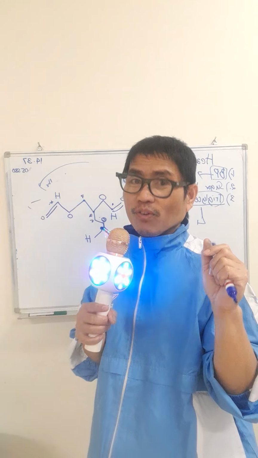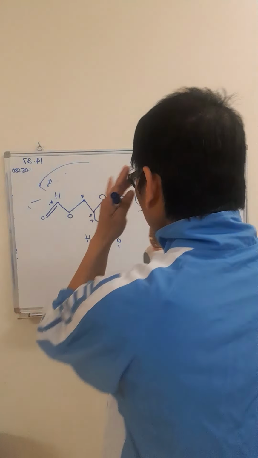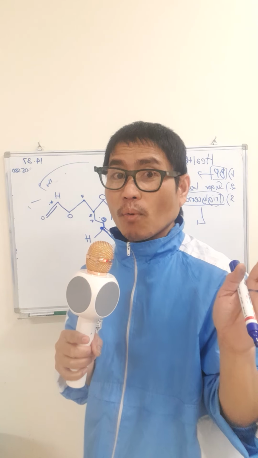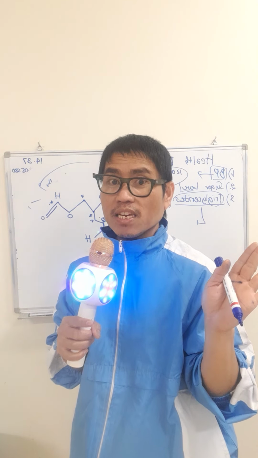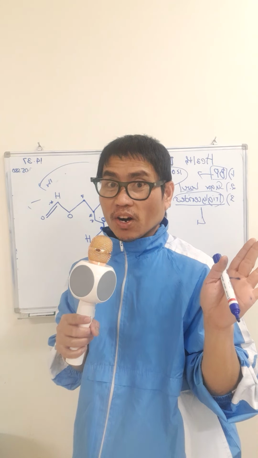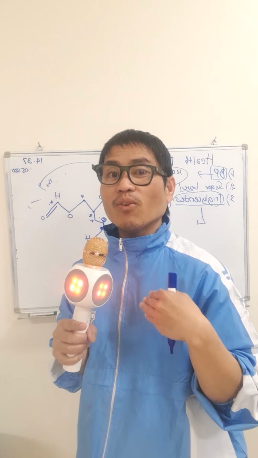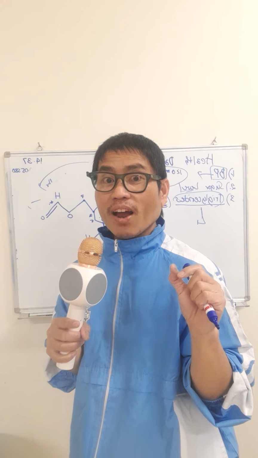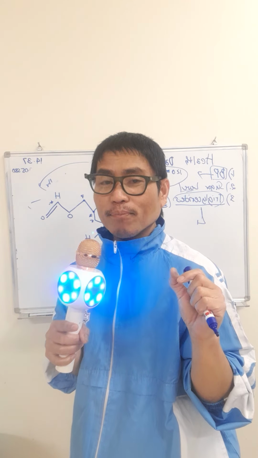For example, if I say water, water has a higher polarity. It's a polar solvent. Most of the polar solvents conduct electricity, or are highly conductive substances. That's why it's called polar.